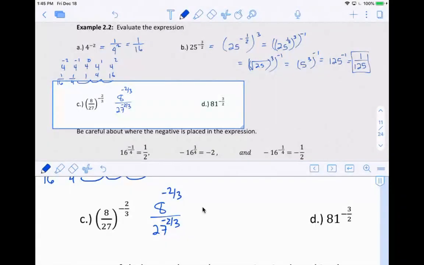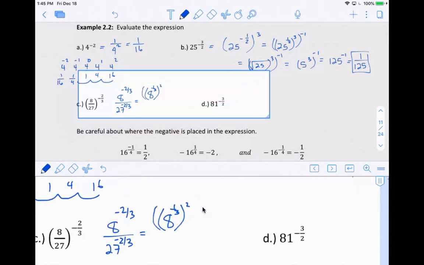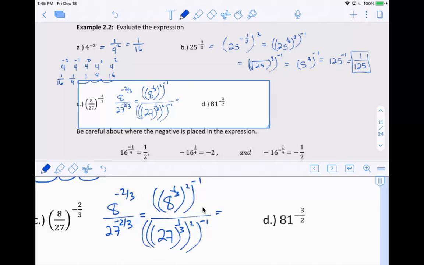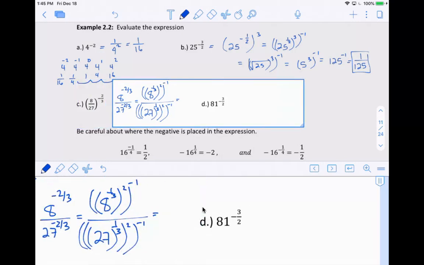Okay, so now each one of these, we have 8 to the 1/3 to the second to the negative first. Now, if you don't like this splitting idea, you don't have to do it on the paper. You could just do it in your head, but you do have to deal with all 3 parts. And we've got 1/3, 2, and negative 1.